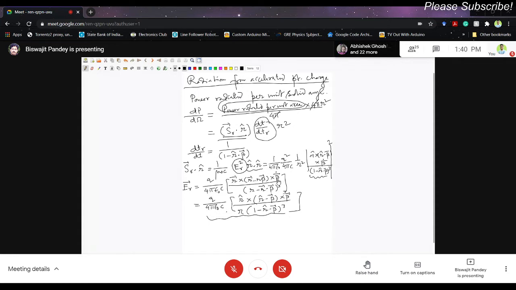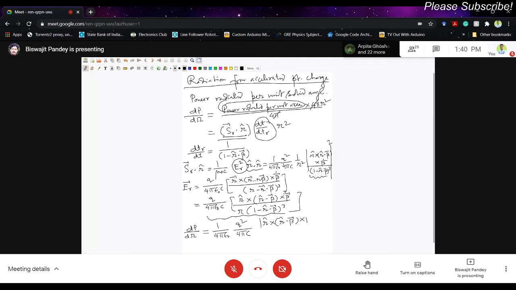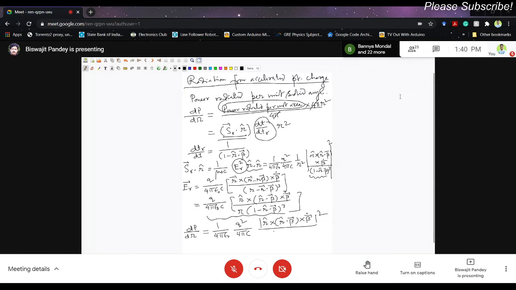Then we get dP/dΩ, power radiated per unit solid angle, given by 1 over 4π ε0, q² over 4π c, and then r-hat cross (r-hat minus beta) cross beta dot squared, and since this was cube, it would be (1 minus r-hat dot beta) to the power 6.